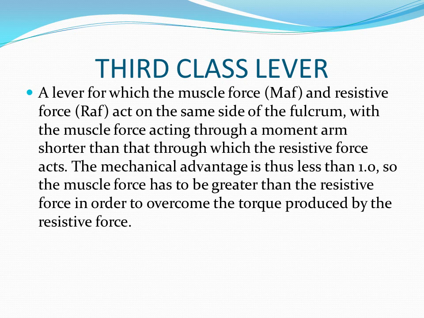So in this situation, with a third-class lever, the mechanical advantage is less than in the second-class lever. Therefore, the muscle force has to be greater than the resistive force in order to overcome the torque produced by the resistive force.